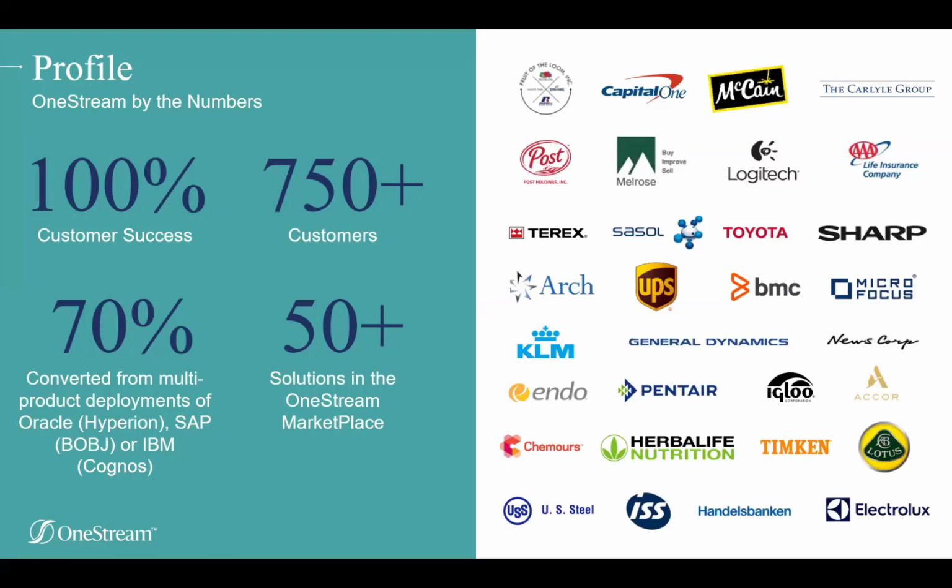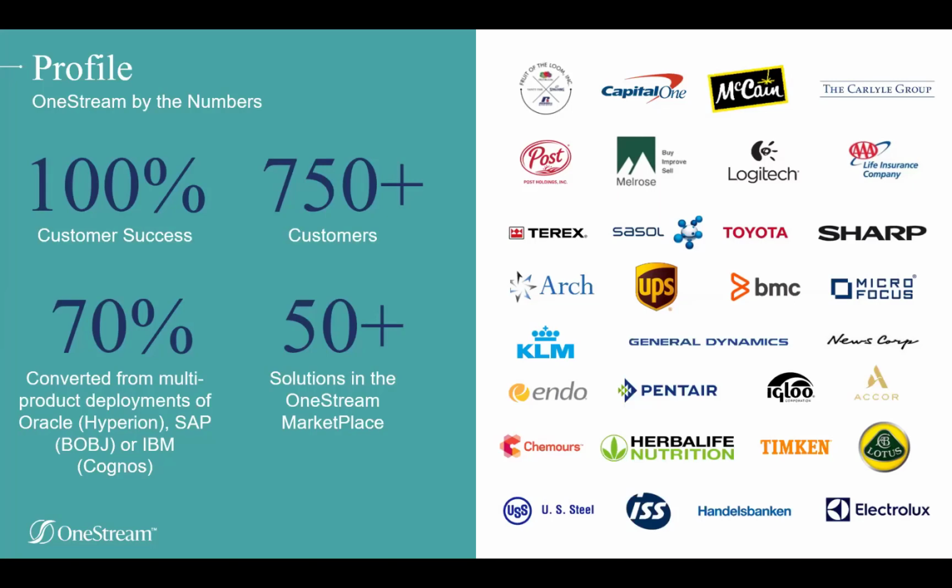We actually have lineage with Hyperion and Oracle, and all the way back to a company called Upstream. When Bob Powers and Tom Shea created OneStream, they decided to focus on the customer first and foremost. So the metric that we key in on is 100% customer success. We strive to make sure that the customers are referenceable if they wish to be.